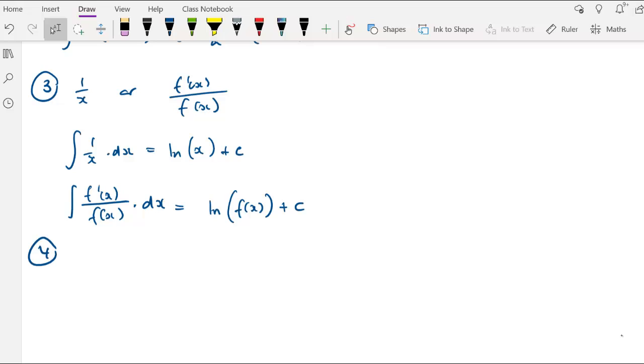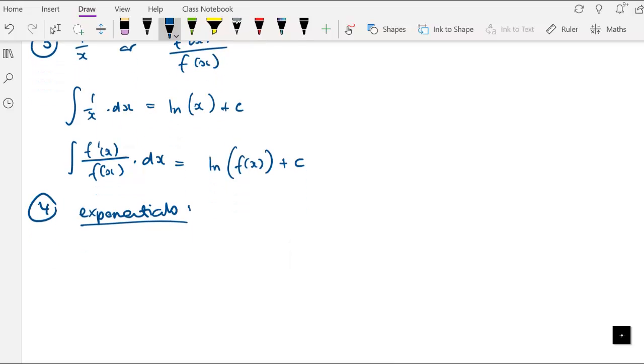Okay, so the final ones we're looking at are exponentials, and these will be pretty straightforward. So we're looking at the integral of e to the power of x dx. Now, this one is important because we know that the rate of change of an exponential function is itself. So when we reverse that and we look at the integral, it will simply be e to the power of x plus c.